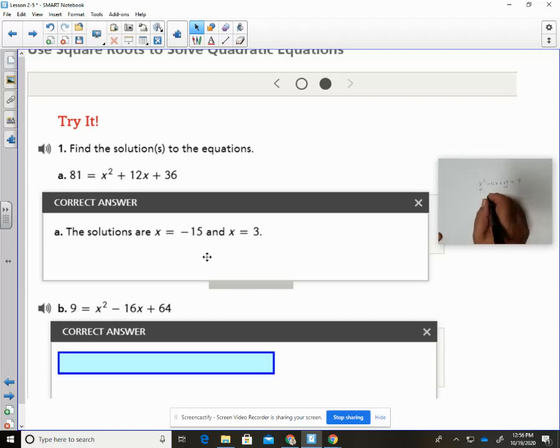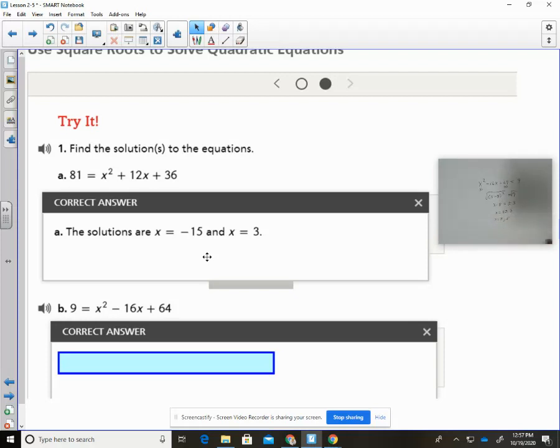So when we write this, since we got a minus sign there, it's (x minus 8) squared equals 9. Take the square root of both sides. x minus 8 equals plus or minus 3. So x equals 8 plus or minus 3. 8 plus 3 is 11. 8 minus 3 is 5.